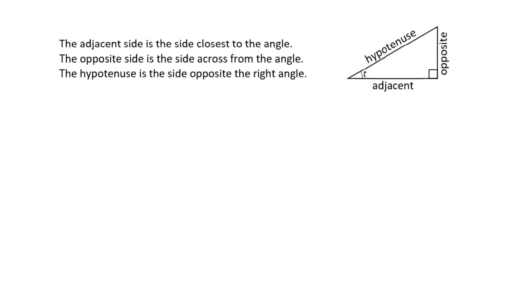Now, if we had said angle alpha, then the side that is adjacent to alpha would be this side. The side opposite alpha would be this side, and the hypotenuse is still the hypotenuse.